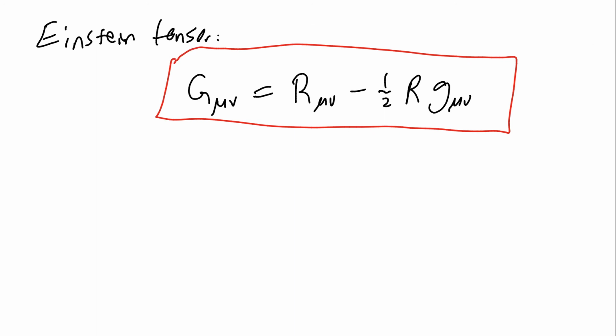This is the definition of the Einstein tensor. As you can guess from the name, this is going to play a very important role in our further development of general relativity. Notice also the Einstein tensor is symmetric. It's symmetric because the Ricci tensor is symmetric and because the metric itself is symmetric.